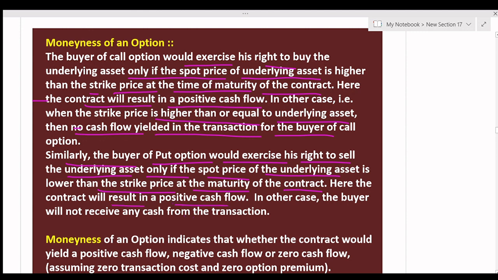The put buyer buys at the market price and sells at the strike price, which is higher than the spot price, and the gain and cash flow will be positive. The mode of operation is the same as a short future, except for the premium in the long put.